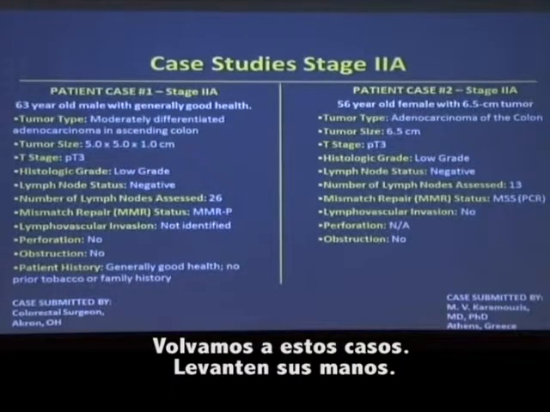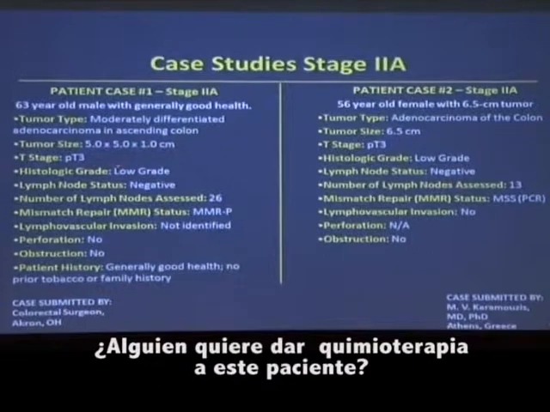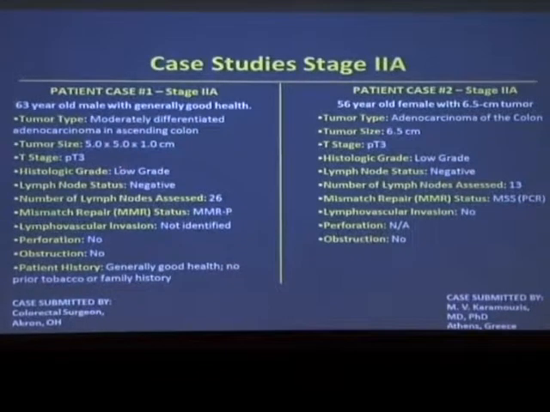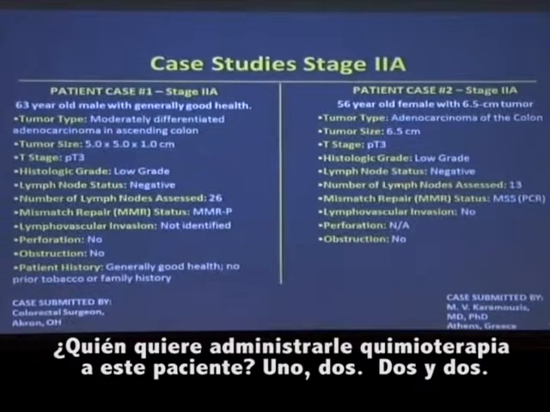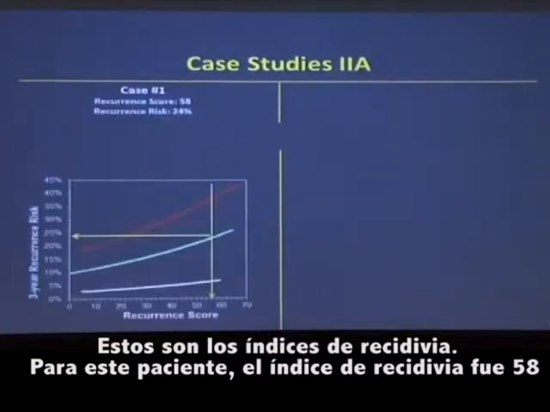Let's just raise hands. Who wants to treat this patient? Does anybody want to give this patient chemotherapy? 1, 2, 2. Okay, 2. Who wants to give this patient chemotherapy? Okay, 1, 2, 2, okay? These are the actual recurrence scores, okay?